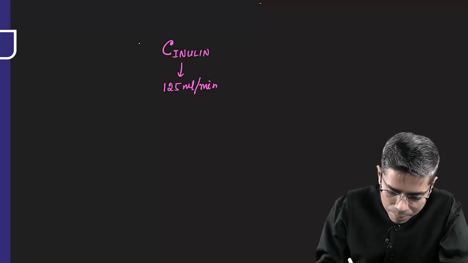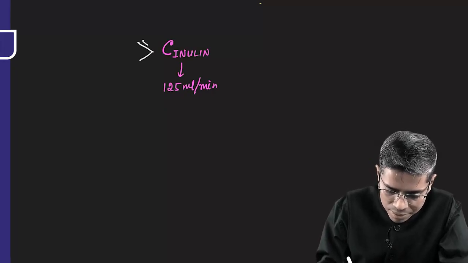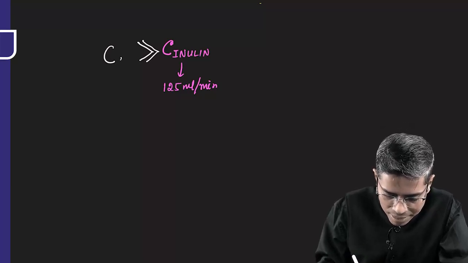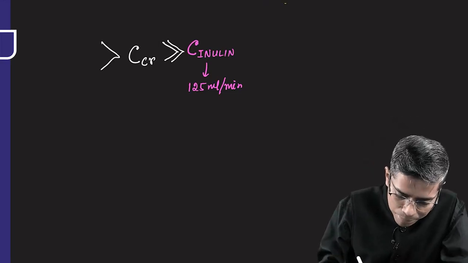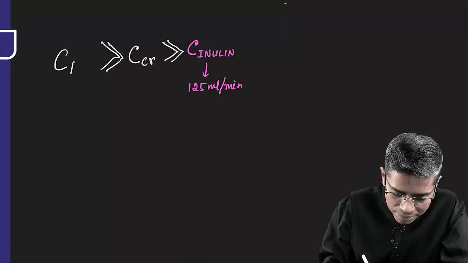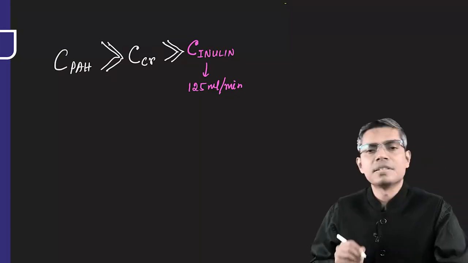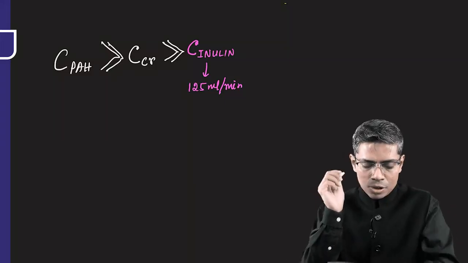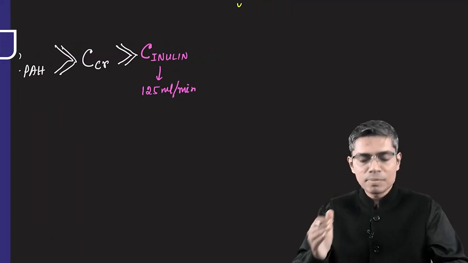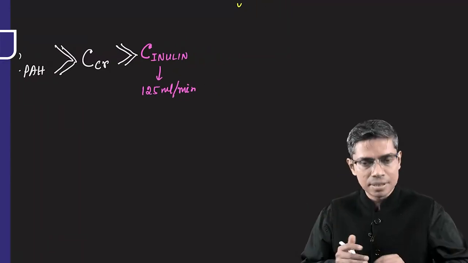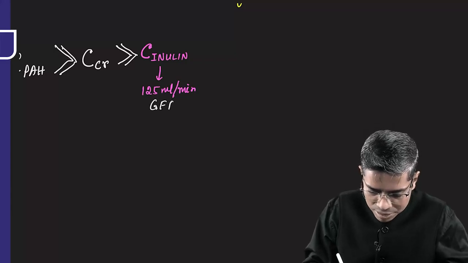So clearance is more than this for which substances? You know that clearance of creatinine is more than this, and clearance of PAH is even more than that. Okay, PAH. I'll tell you the reason. Para-aminohippuric acid. So clearance of PAH is the maximum, followed by clearance of creatinine, followed by clearance of inulin, which is equal to GFR, right?